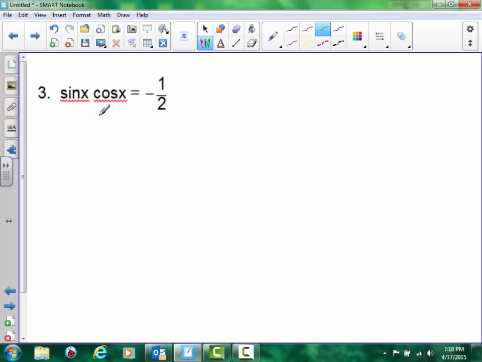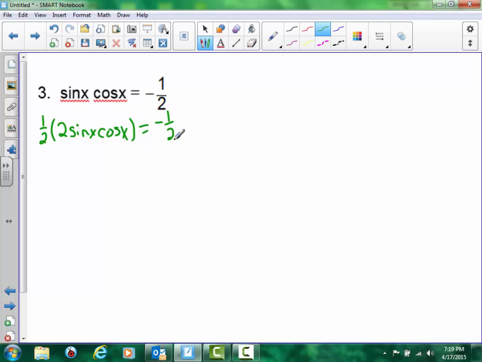All right, well, this is not even an identity. If I bring this over to the other side to make it equal 0, that's just a mess. So thinking about it a little bit, we had something like this before where we had sine x cosine x, and we said we could rewrite that as 1/2 times 2 sine x cosine x. That would be equivalent, because 1/2 times 2 is 1, which was what we started with.